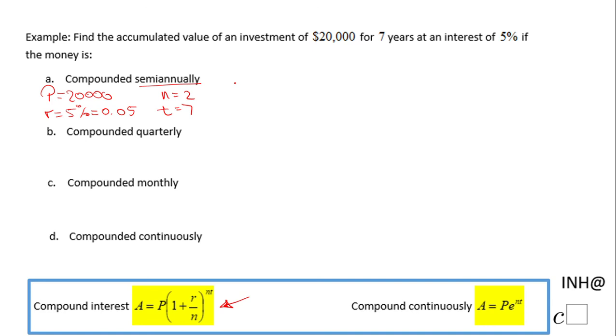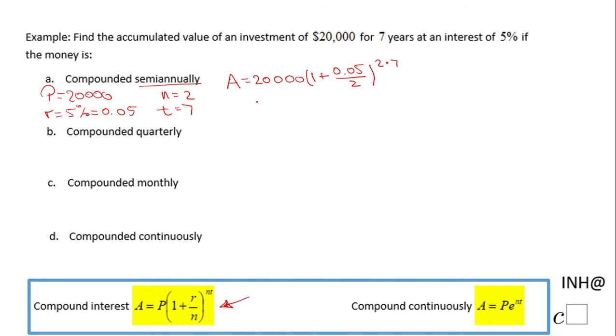So that formula becomes, in our case, A equals 20,000 times the quantity 1 plus 0.05 over 2 to the power of 2 times 7.